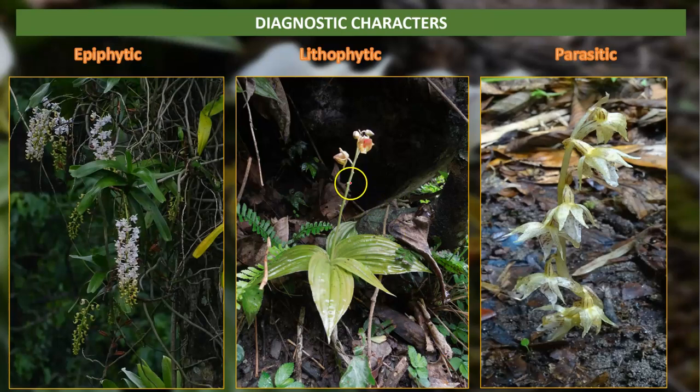Now the diagnostic characters. The members of the family have various types of habit. It can be epiphytic, lithophytic or terrestrial, or it can be parasitic without leaf. You see here there is no leaf, devoid of chlorophyll.